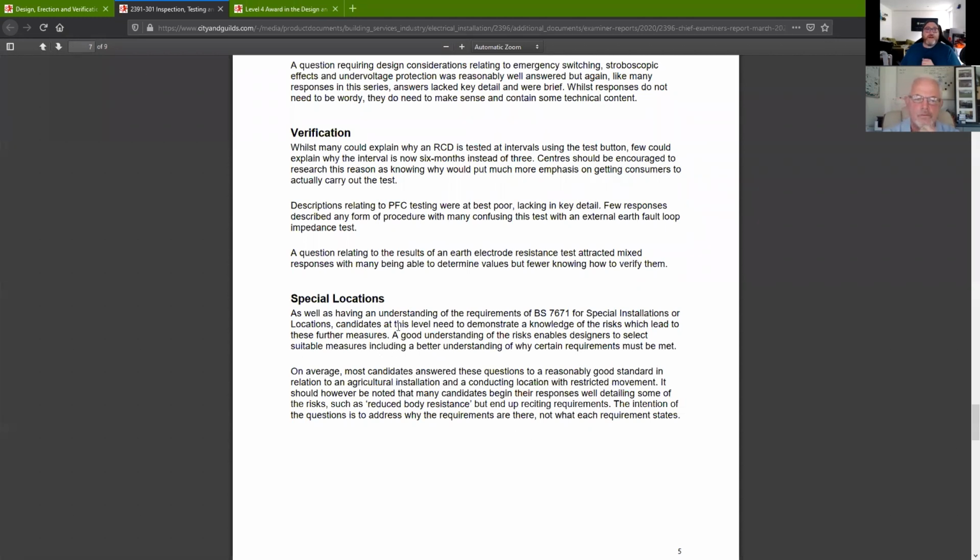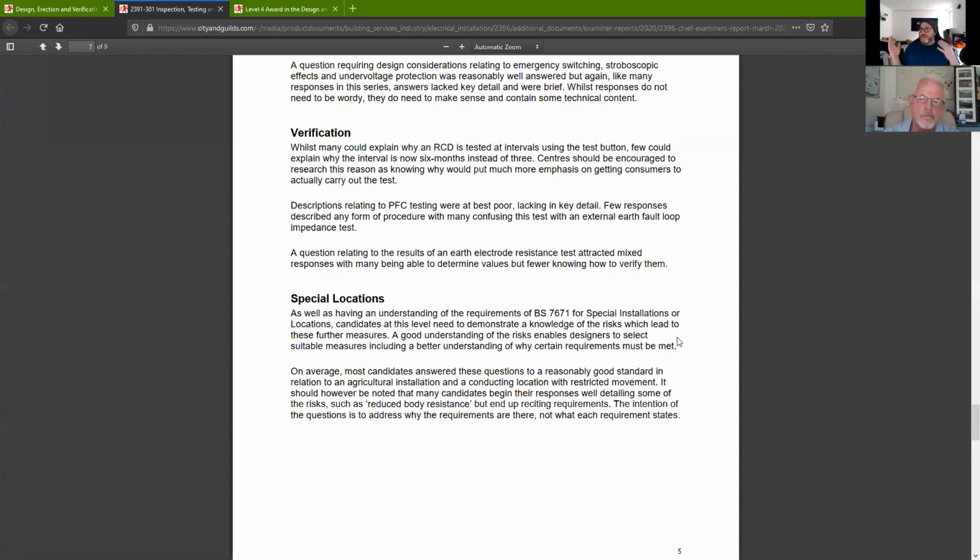Special locations, as well as having an understanding of the requirements of Part 7 of BS 7671 for special installations and locations, candidates at this level will need to demonstrate knowledge of the risks which lead to these further measures. So why are they special locations? Not that they are, but why? Good understanding of the risks enables designers to select suitable measures, including a better understanding of why certain requirements must be met.